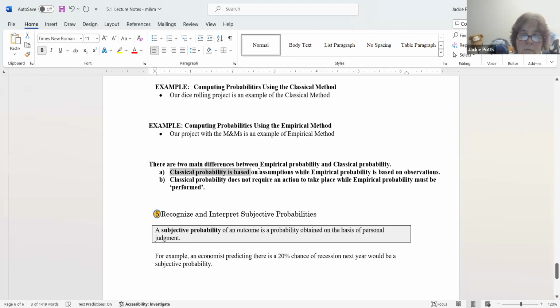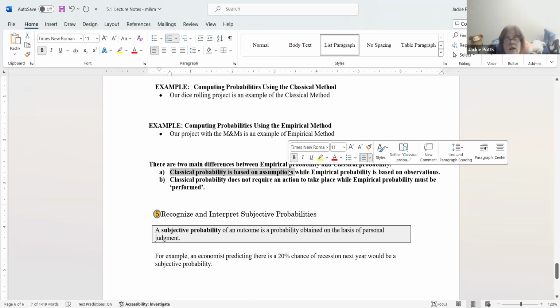Classical is the assumption of 1 out of 6 on the dice, where empirical is pure observation. Classical doesn't have to be performed, where empirical does. Those are the biggies. That's how you tell the two apart.